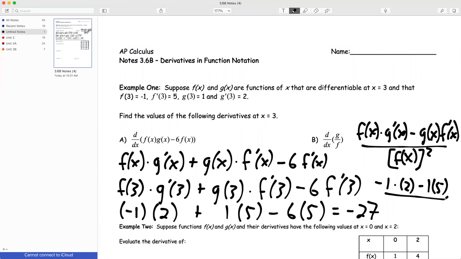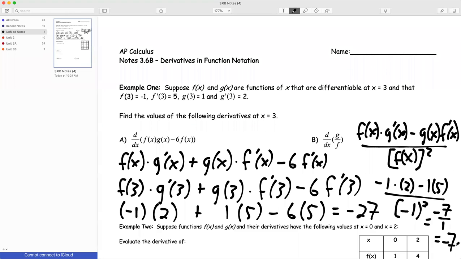So that's going to give me -2 minus 5 in the numerator, so -7. And then f of 3 was -1, so I'm going to have a -1 squared, which gives me -7 over 1 for a grand total of -7. That's what you should have got.